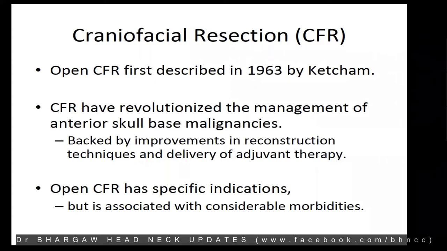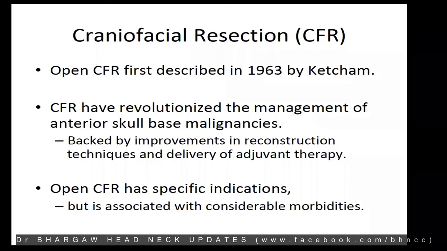We have discussed previously that for all skull-based tumors, preferably all head and neck, but definitely for all skull-based tumors, IMRT will be a better treatment modality to deliver the adjuvant, so that the adjacent crucial structures can be spared. And also with the improvements in the chemotherapy agents as well, quite a lot of options are available nowadays. And open CFR still has specific indications for sure, but it's associated with considerable morbidities.